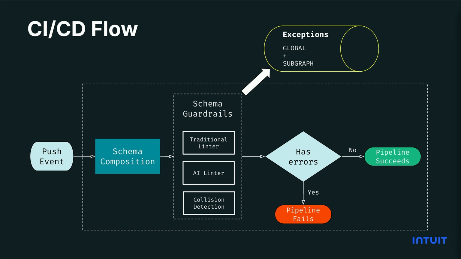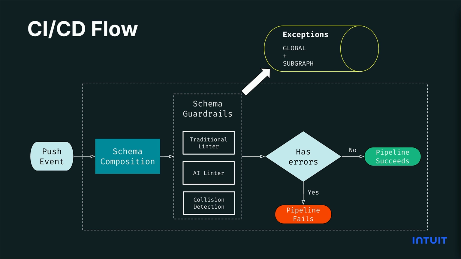One more small thing, we also have exceptions. We have exceptions global and based on the subgraph. The global one is more about the common types. Maybe we don't need to check the common types, so we automatically add them to global exceptions. And each subgraph team can have exceptions on the subgraph level. It can be on the field level or for some specific rule.